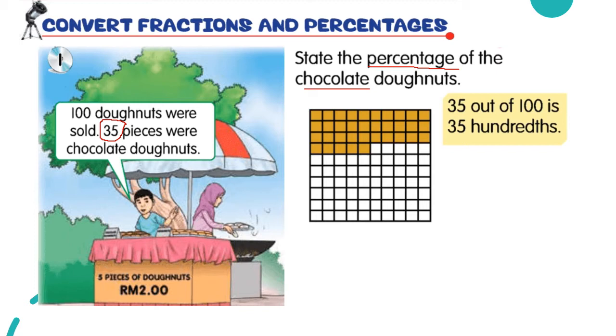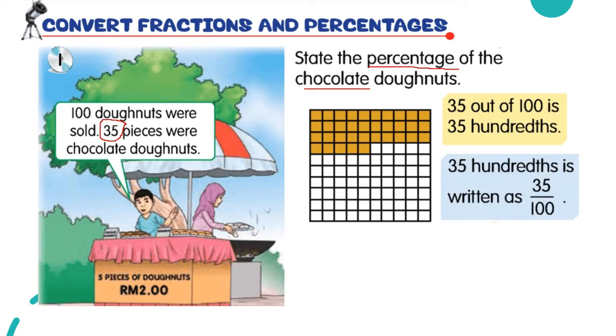So 35 out of 100 can be written as 35 over 100.